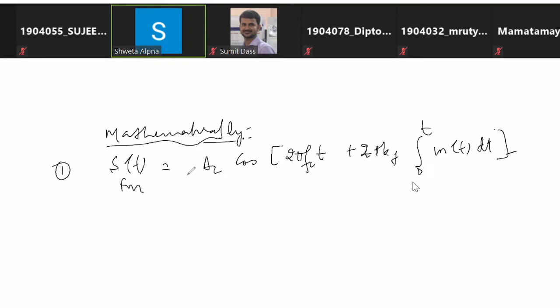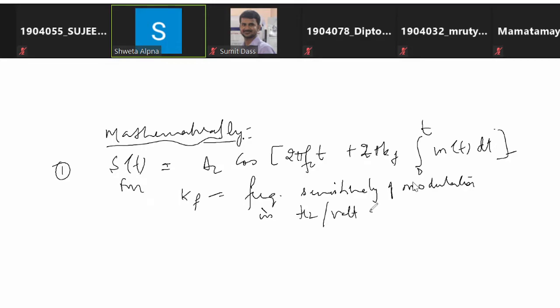Here kf is called the frequency sensitivity of the modulator, and its unit is hertz per volt.